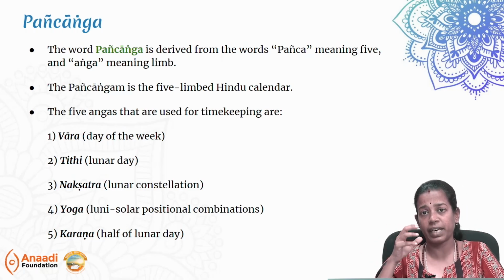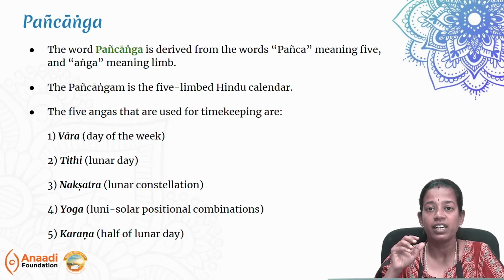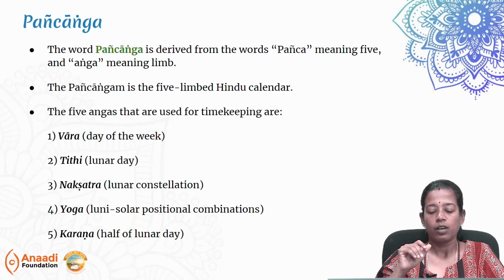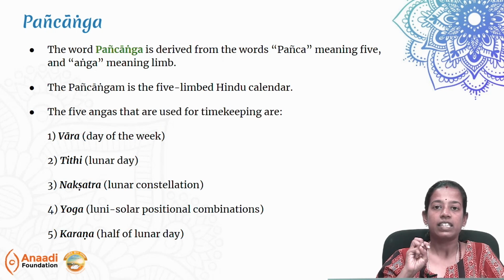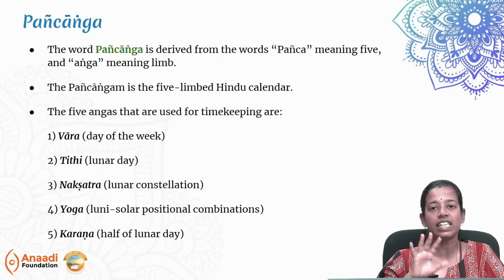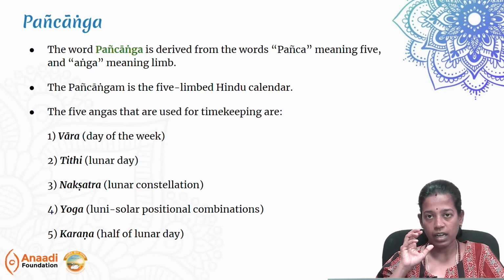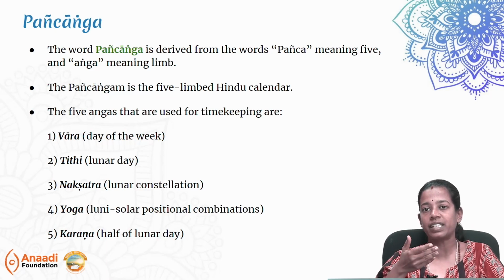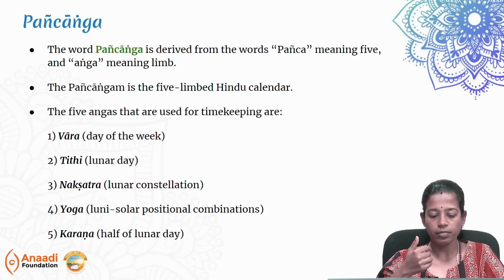It will be primarily capturing 5 aspects. What are those aspects? Vara, Tithi, Nakshatra, Yoga and Karana. Repeat with me: Vara, Yoga, Tithi, Karana and Nakshatra. These 5 aspects will be calculated, measured and presented in the Panchanga book.